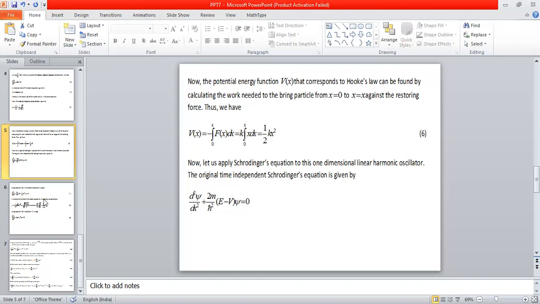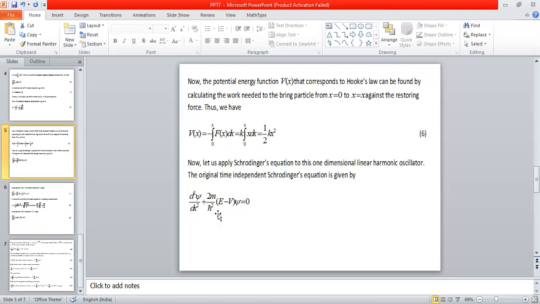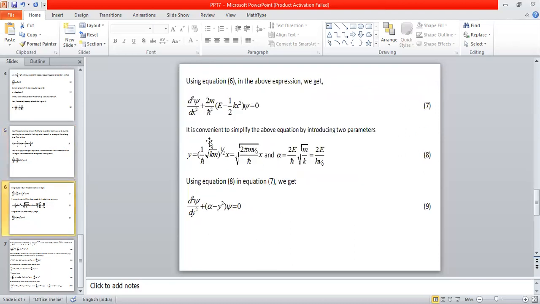Inserting equation 6, we get the equation in this form: d squared psi by dx squared plus 2m by h cross squared into (E minus half kx squared) psi is equal to 0. This is our equation 7, the Schrödinger's equation as applied to the one-dimensional linear harmonic oscillator.